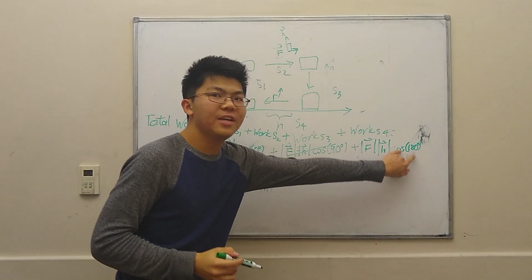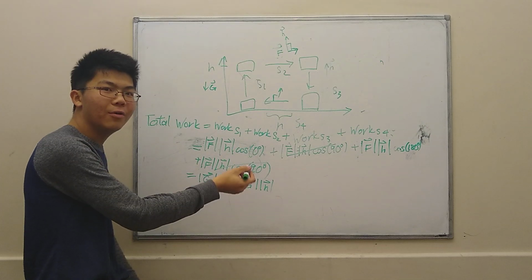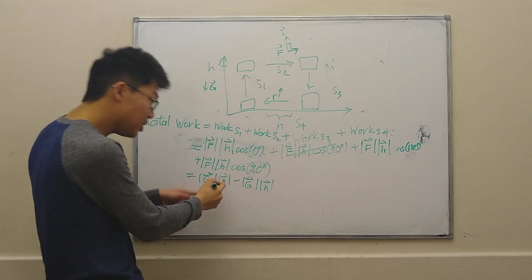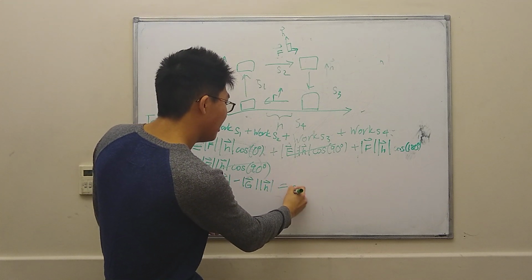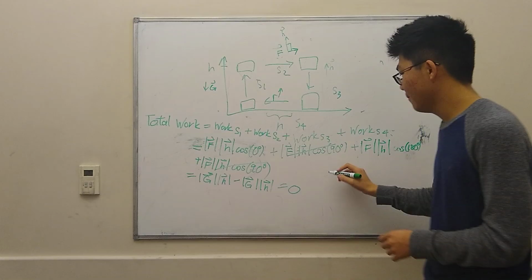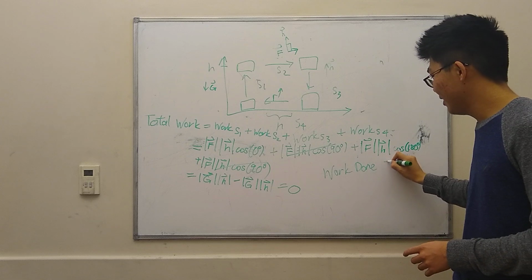Here is the minus sign from cosine of 180 degrees, whereas cosine of 0 is 1, so the expression remains unchanged. These two will also cancel out, and so our final result is 0. So in this case, the work done is technically 0.